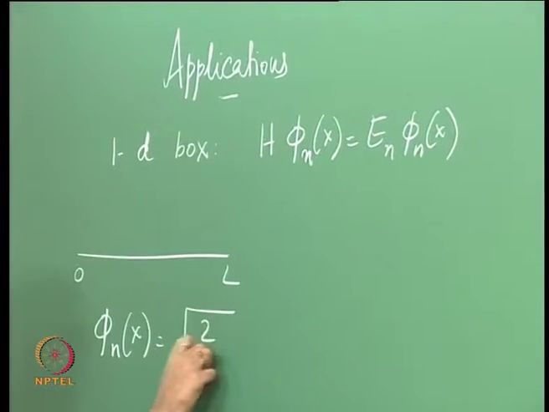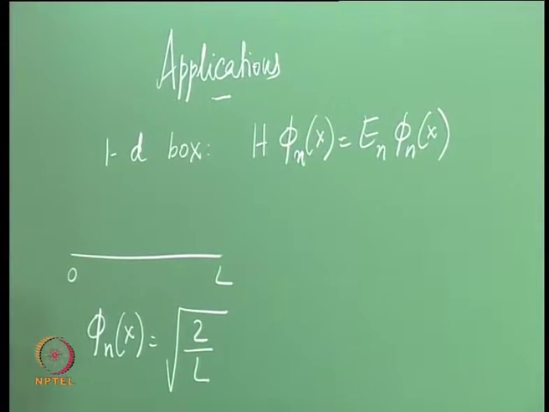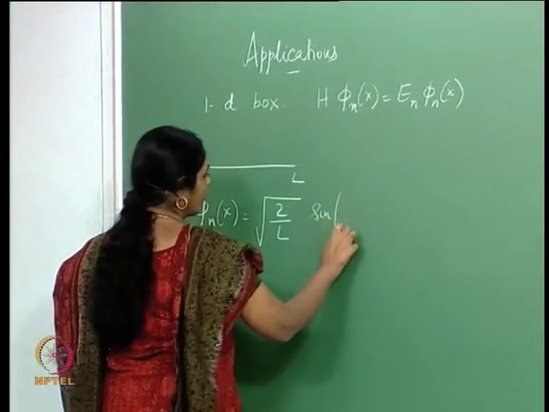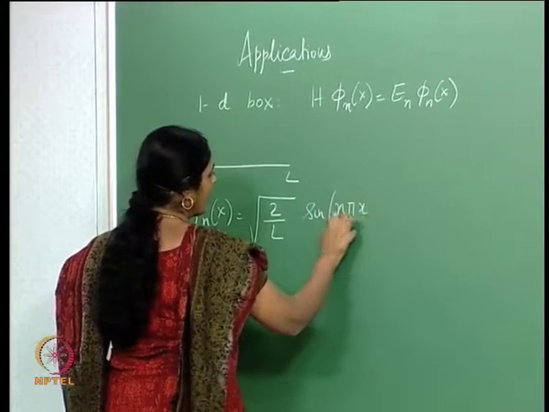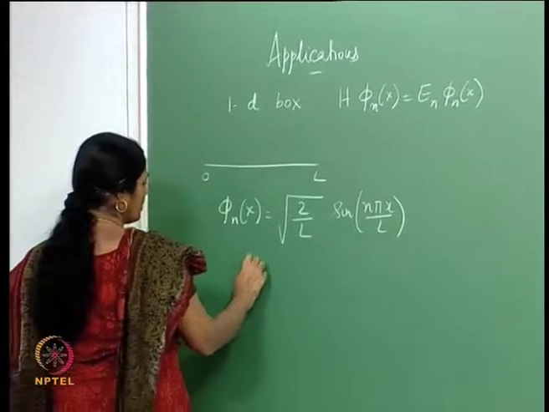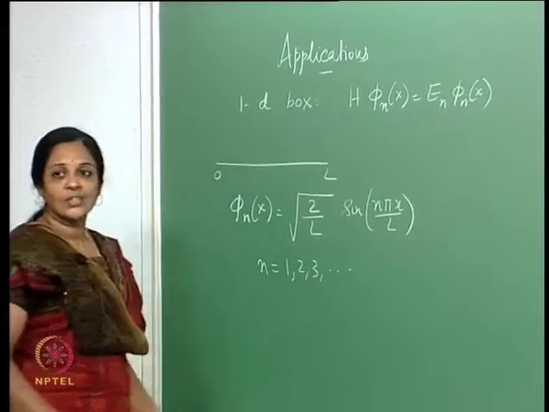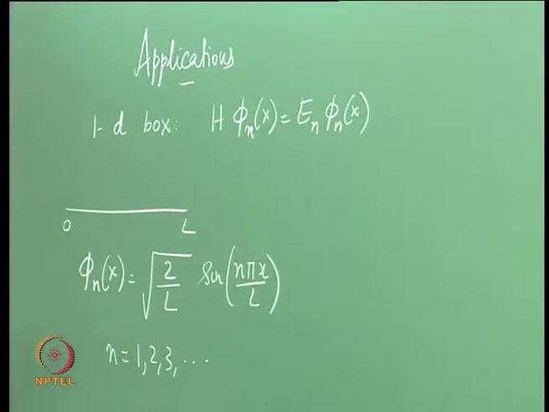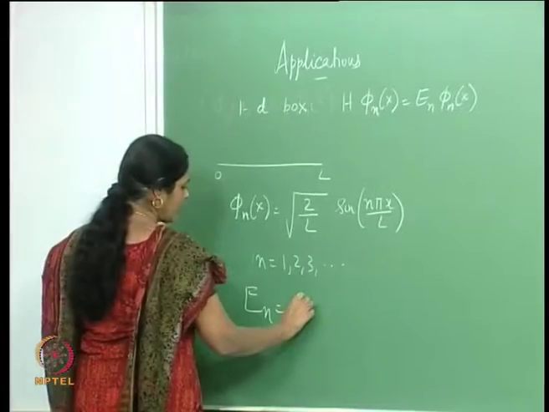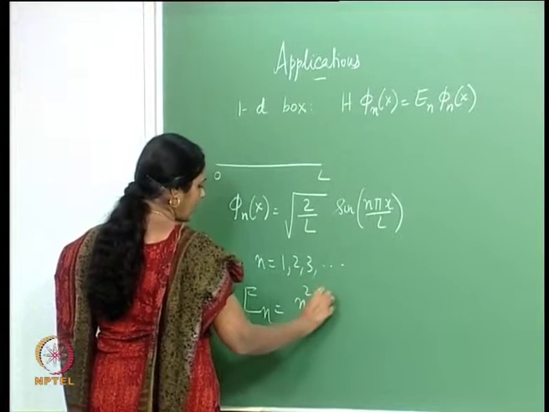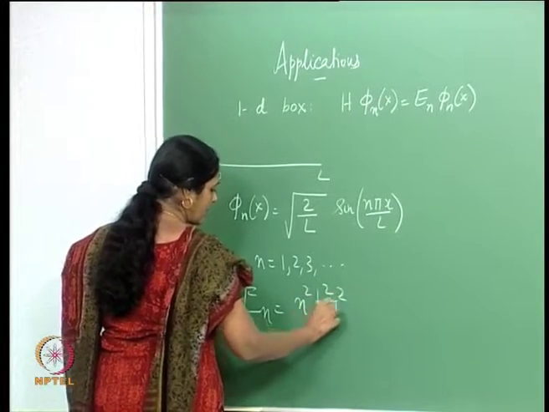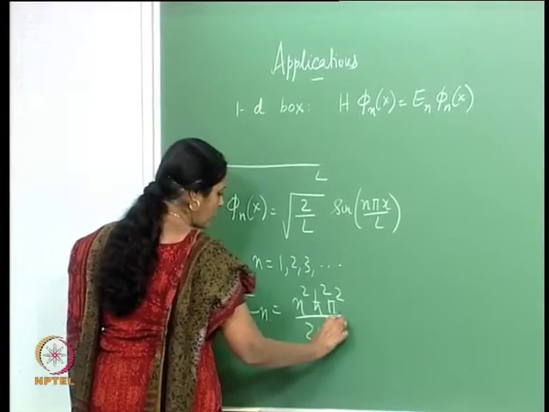The normalized energy eigenstates are given by root of 2 by L sin n pi x by L, where n takes values 1, 2, 3 and so on. The energy E n itself is known to us: n squared h cross squared pi squared by 2m L squared.